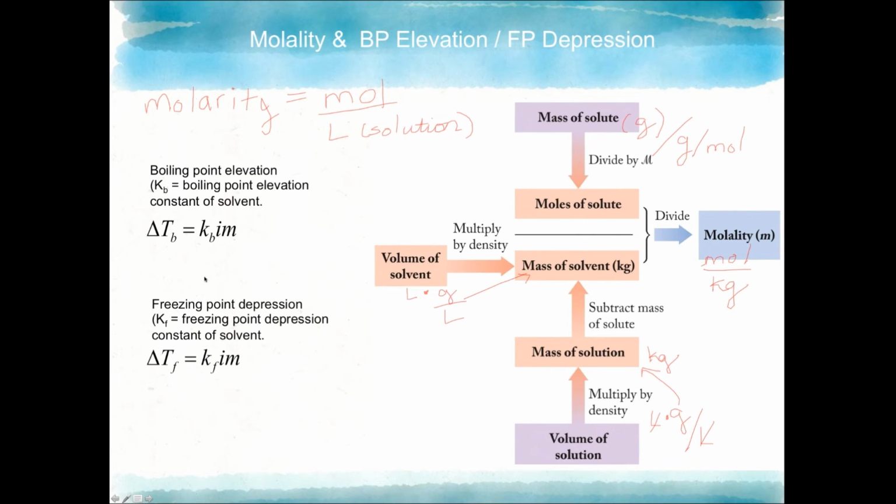Likewise, on the flip side, freezing point depression is that change in temperature, that's the change that it goes down from the normal freezing point of the pure solvent. And so that's equal to the freezing point depression constant of the solvent times the Van 't Hoff factor times molality. So you guys have to use that lowercase m and get molality in these calculations.